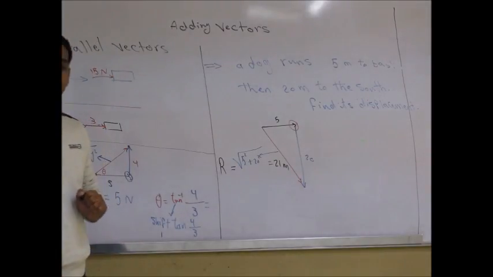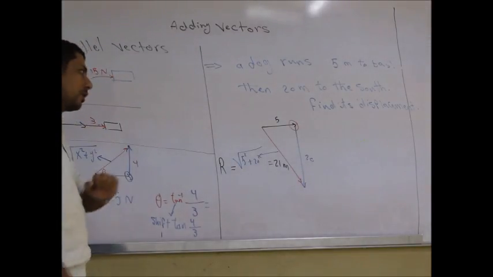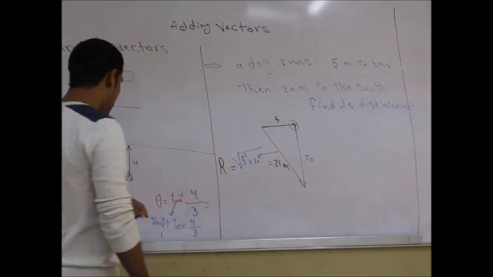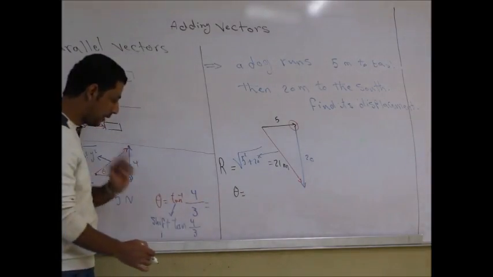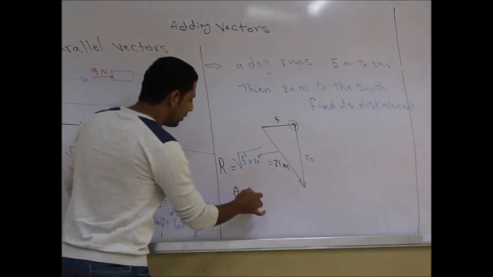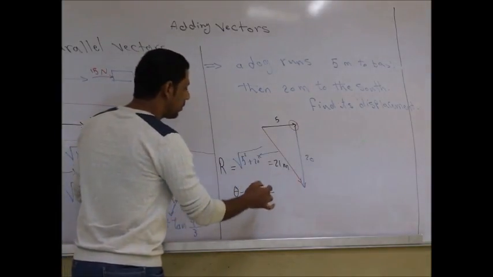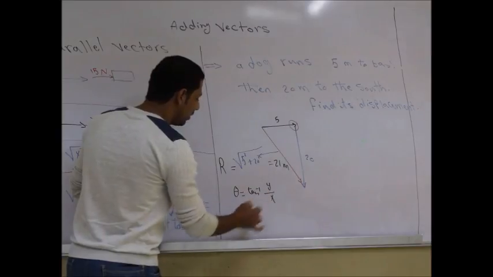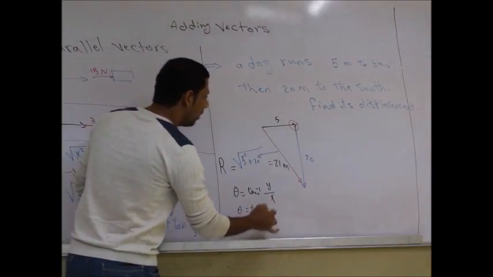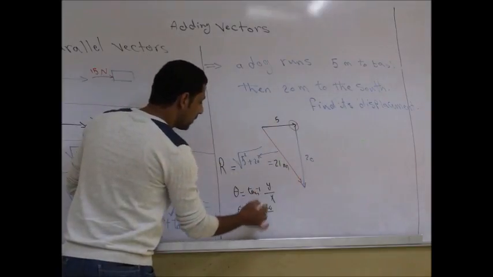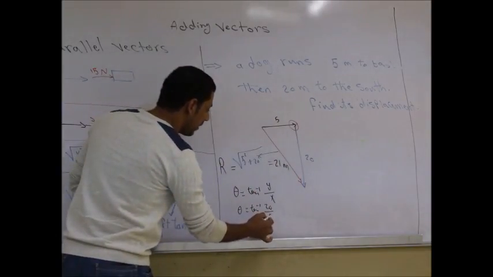But how can we figure out the direction? As I told you, for theta, first you have to figure out the angle. Theta equals tan to the power of negative 1 of y over x. Y is 20, this is the vertical, and x is 5.